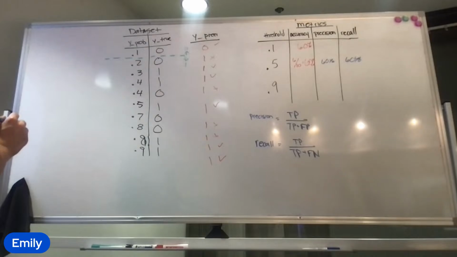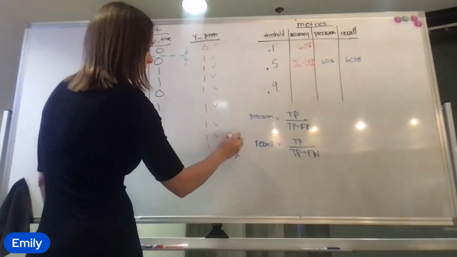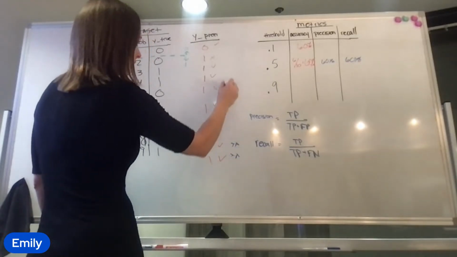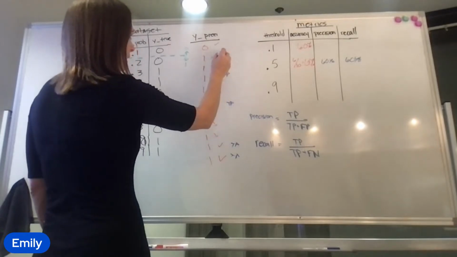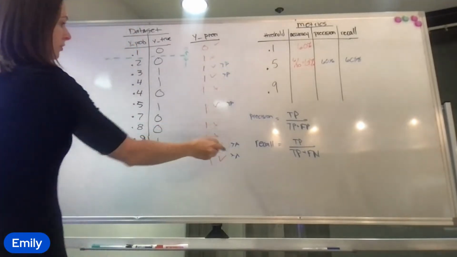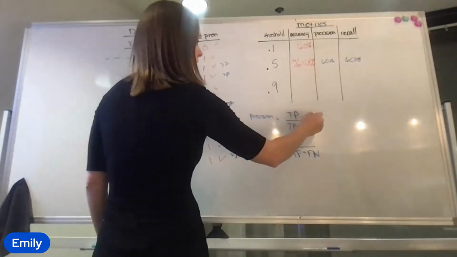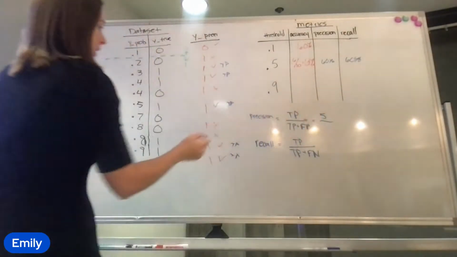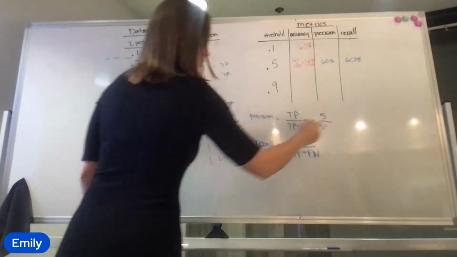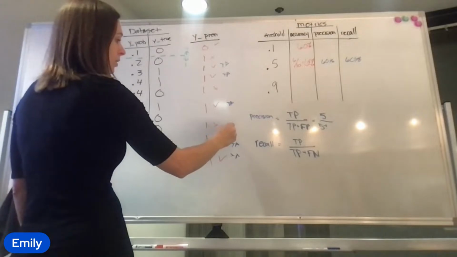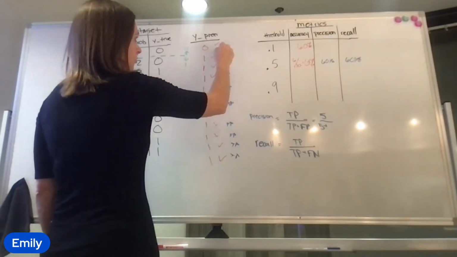That's a good question. I mean, I might have picked a bad data set example. True positive, true positive, true positive. So now we have 3, 4, 5 true positives over 5 plus our false positives. 1, 2, 3, 4.